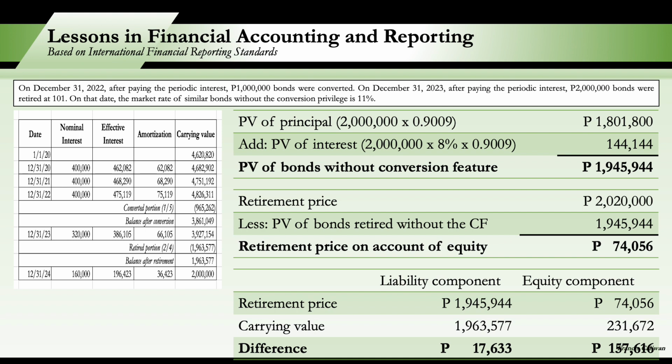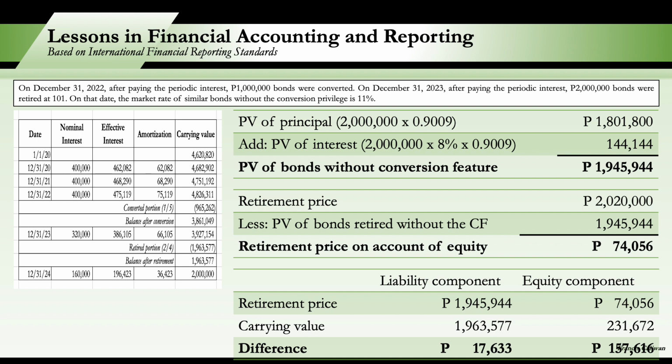Again, ang utang natin is 1,963,577 but we will only pay 1,945,944. So mas maliit ang bayad kesa sa dapat bayaran. Kita yan. So 17,633 is a gain on our retirement of the bonds payable.